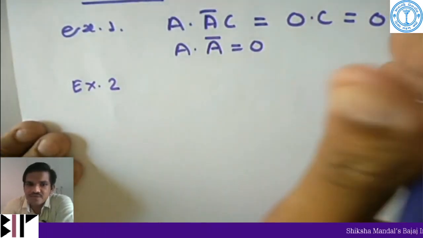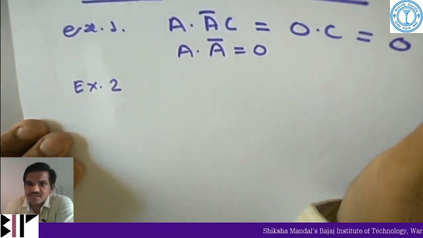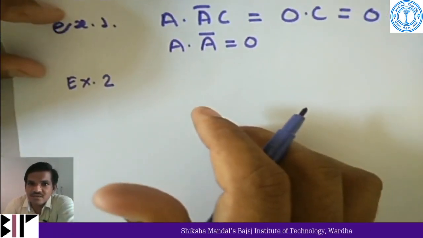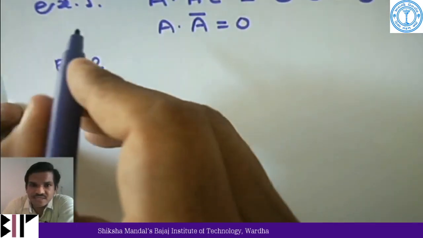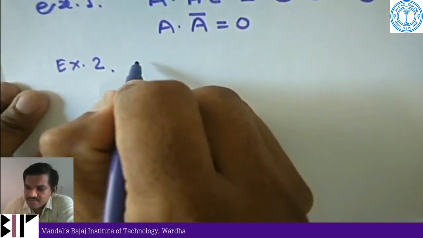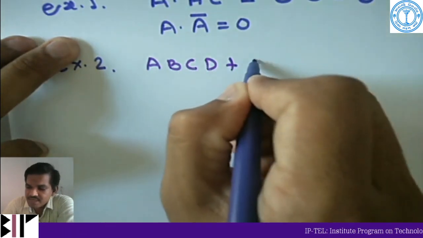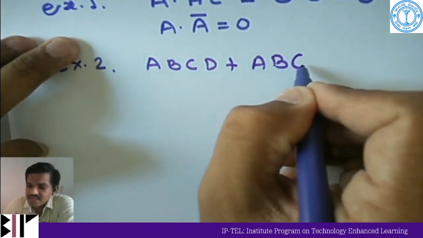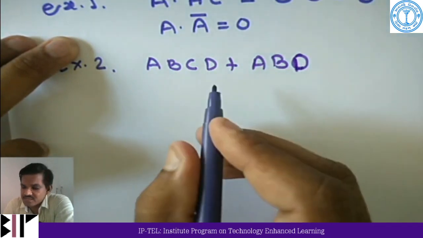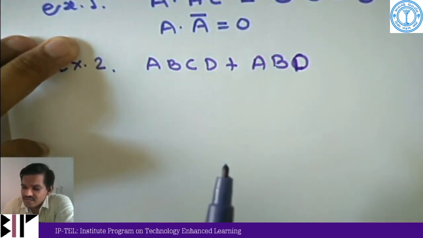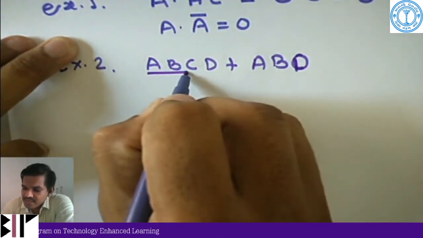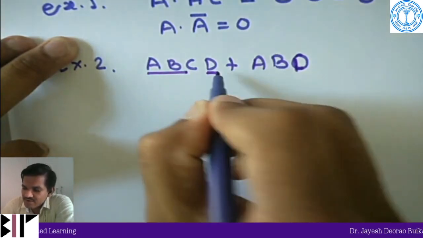So, example number 2 is a b c d plus a b d. Now you have to minimize this expression. So how to minimize? Let us take common a b d from all this.